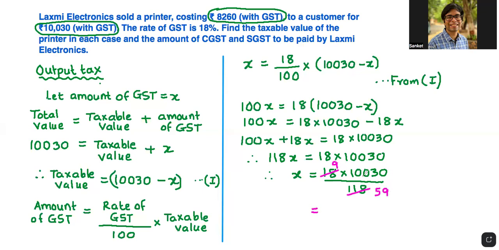So I multiply 9 multiplied by 10030, I get 90270, and then divided by 59. When I divide by 59, I get the value of X as 1530. So this is my output tax.